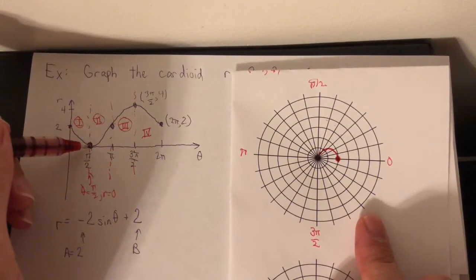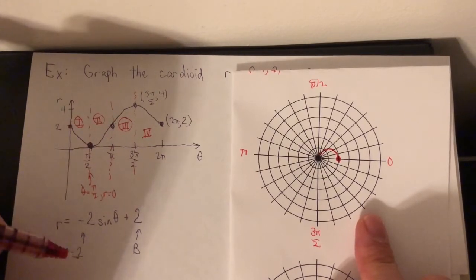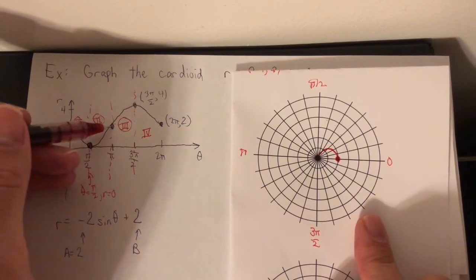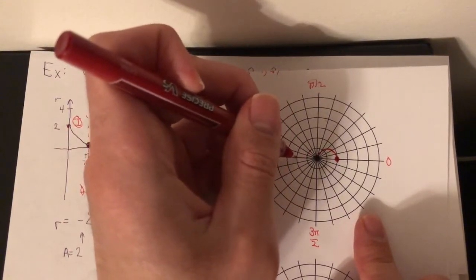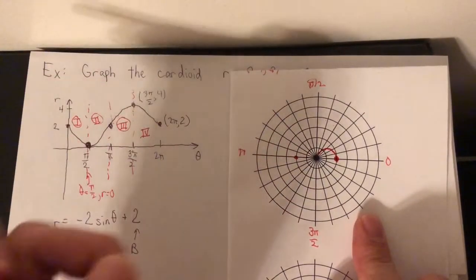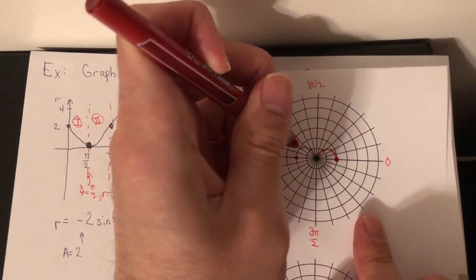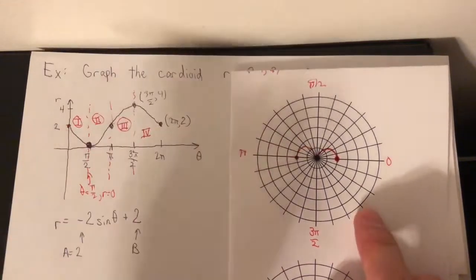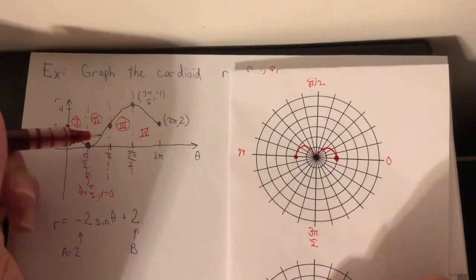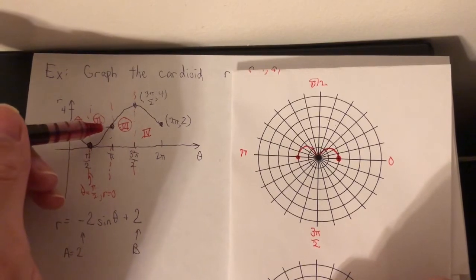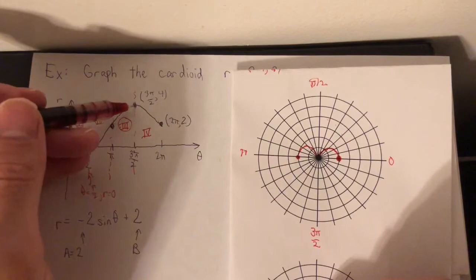Now as I progress through quadrant 2, my distance from the pole is going to increase from 0 back up to 2. So by the time I get to theta equals pi, I'm going to be 2 units from the pole. So I'm going to get basically the symmetric image of what I got in the first quadrant. And then in the third quadrant, my distance from the pole is going to increase from 2 to 4.